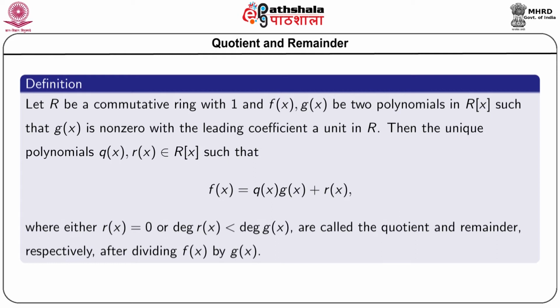We will say that if f(x) and g(x) are two polynomials which satisfy f(x) equal to q(x) g(x) plus R(x), where either R(x) is a zero polynomial or the degree of R(x) is less than the degree of g(x), then we say that q(x) is the quotient and R(x) is the remainder when we divide f(x) by g(x). Thus, we get an analog of the division algorithm in the ring of all polynomials.